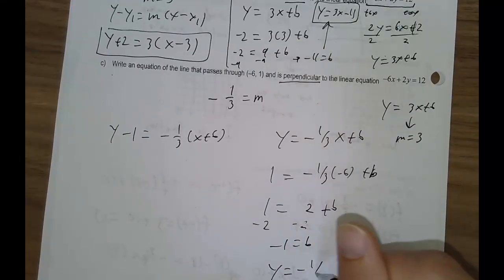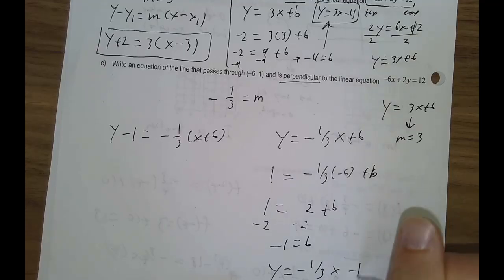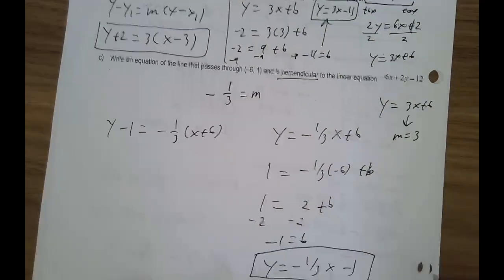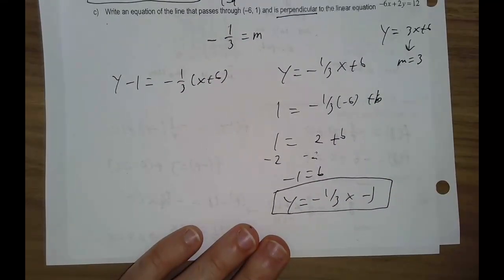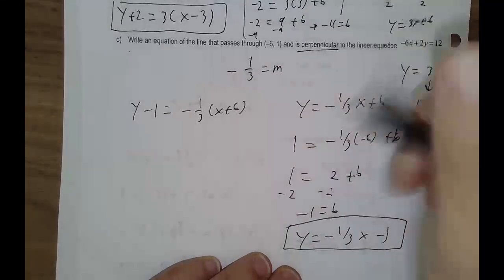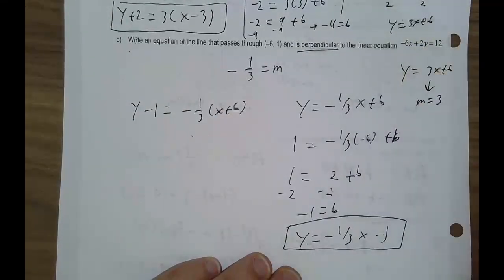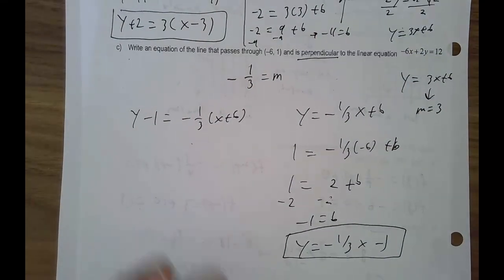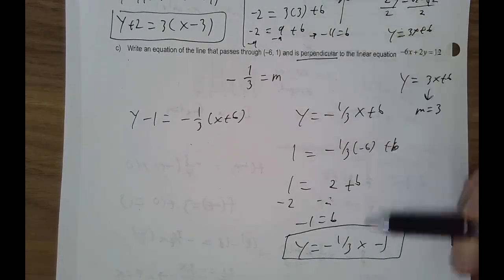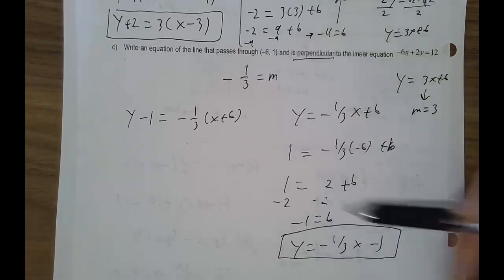So y equals -1/3 x minus 1. This is my answer. Okay, good? So two ways, either is fine. This is point slope, and this is y equals mx plus b. And you can always check your answer, making sure that (-6, 1) fits inside this, right? Whatever, place x and y.